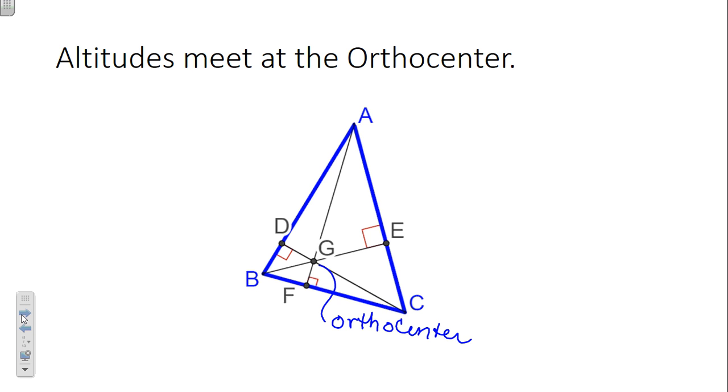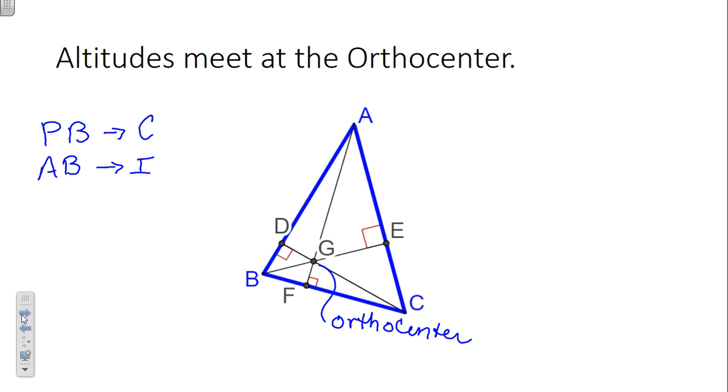All right. So, orthocenter, altitude. Perpendicular bisector went with the circumcenter, great big giant words. Angle bisector, on the back side, the fourth one on the back side, went with incenter.